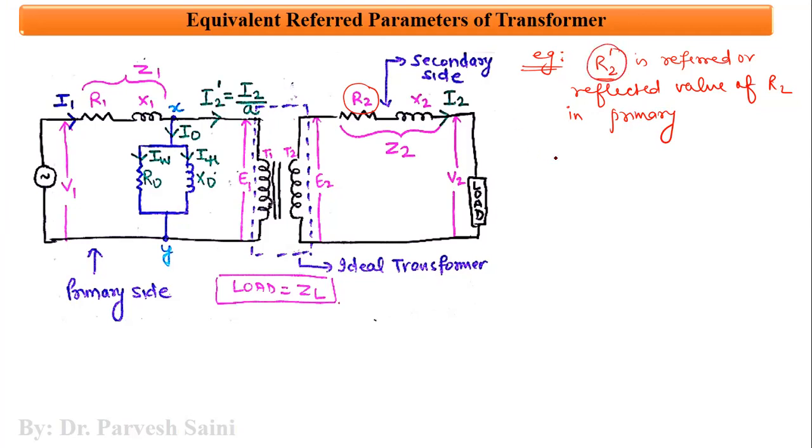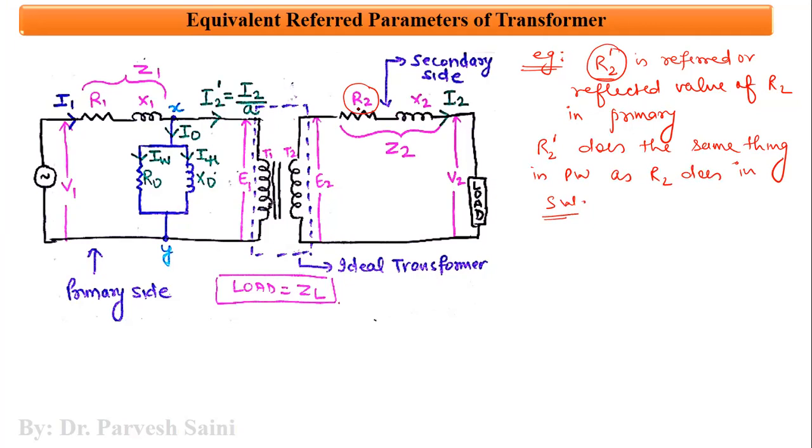So this means that R2 dash does the same thing in the primary winding as R2 does in the secondary winding.